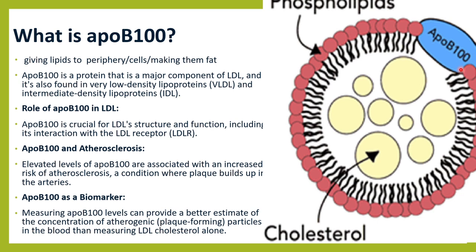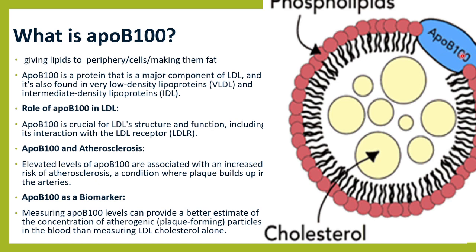Similarly, your LDL is going to have one apoprotein that is called ApoB100. This ApoB100 is the one which will help in giving the lipids to the peripheral tissues, to the cells. So it will make the cells more and more fat.